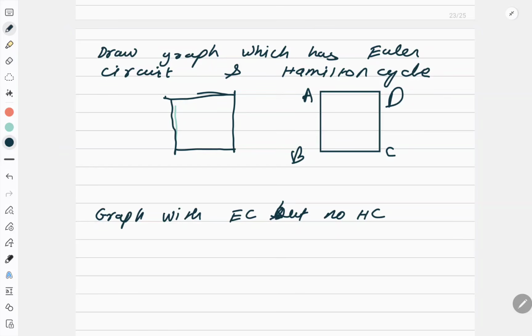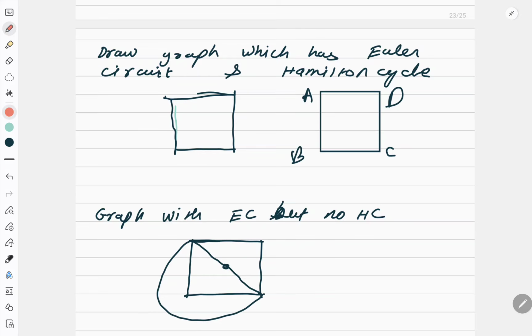Now come to the next one. Graph with an Euler circuit, but no Hamiltonian cycle. So I will draw and you verify your result. Suppose this is a graph, like this. Now here very easily you can show.